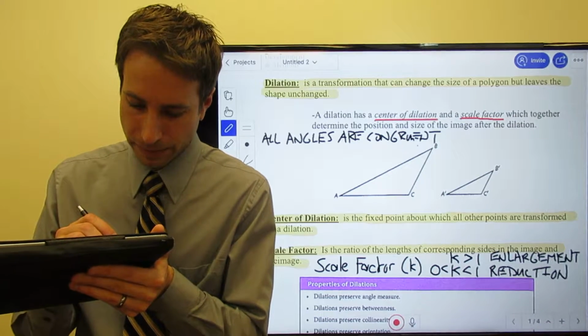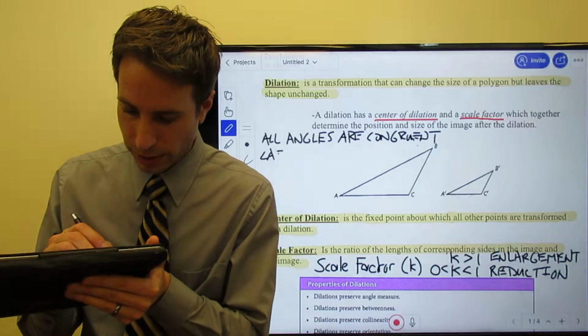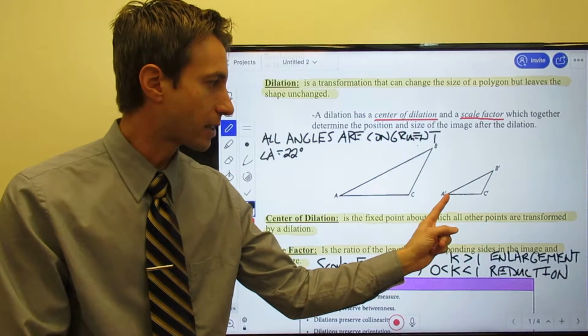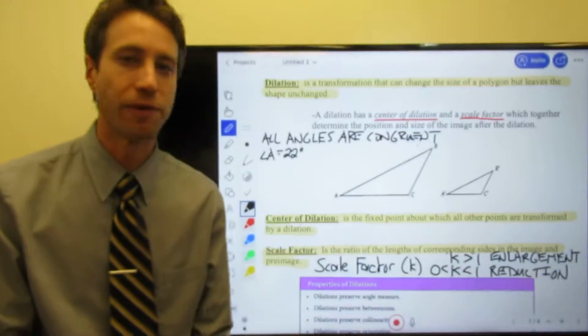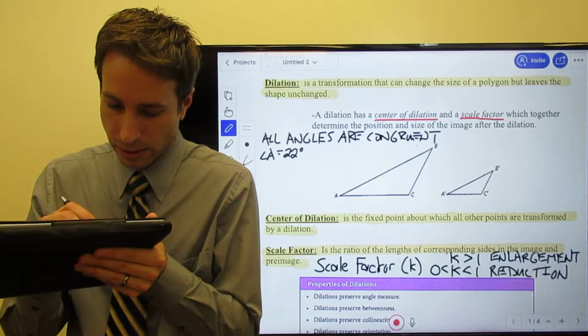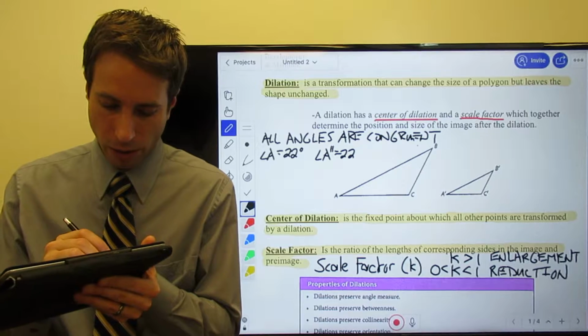But angle A is 22 degrees. And if you were to lay a protractor on the smaller shape, you would find that angle A prime is 22 degrees. Right? And that's going to be that way for all of them.